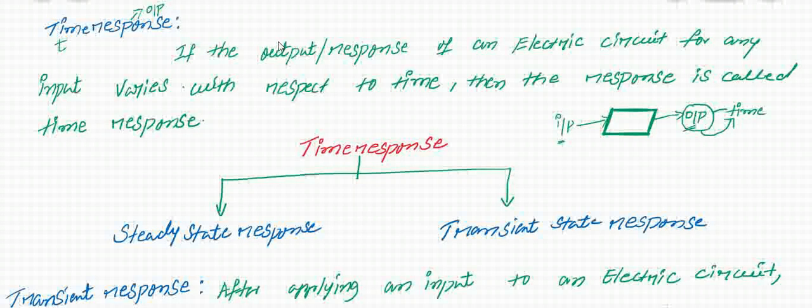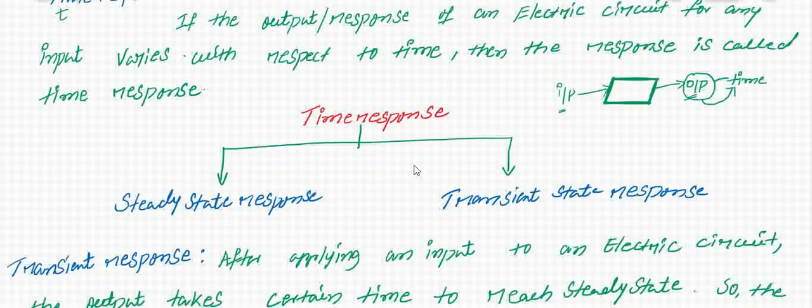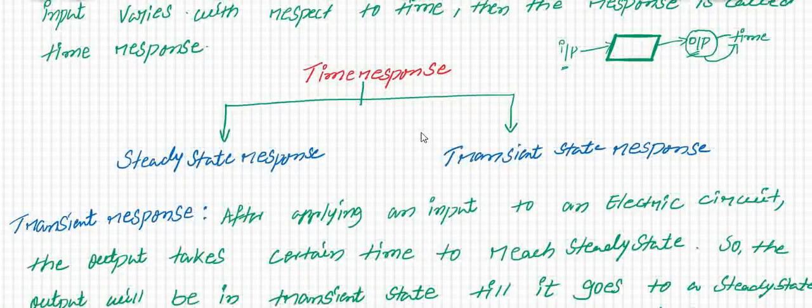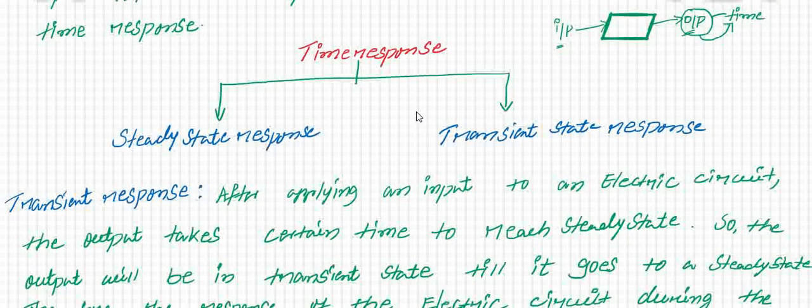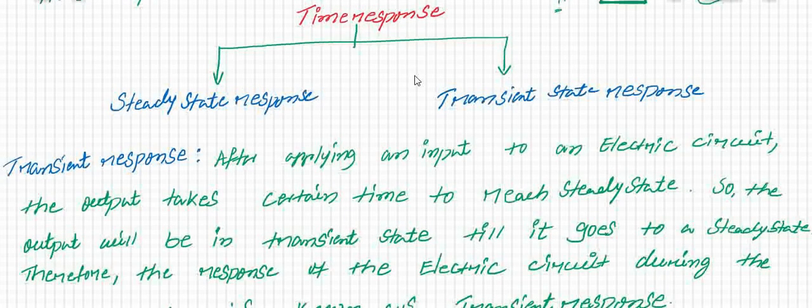Got my point? The response is a function of t. If I denote r as a response, then the time response becomes r of t. That is the difference. In time response we have two types of responses, steady state response and transient state response.